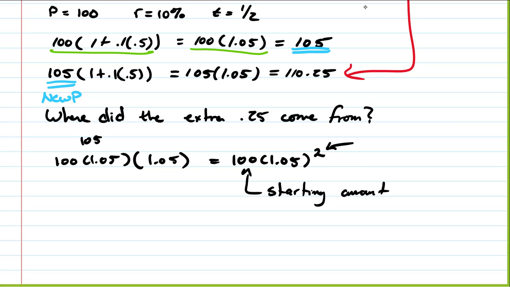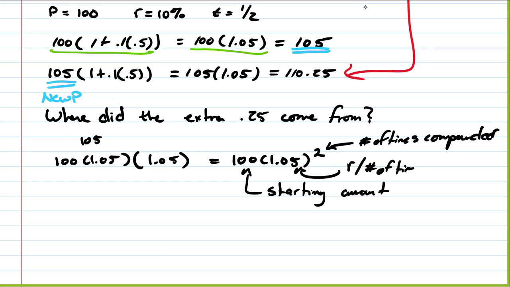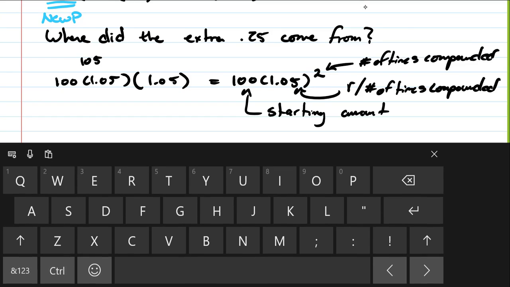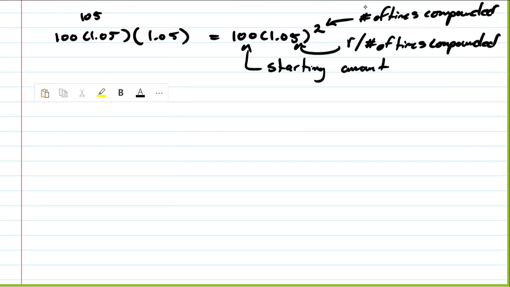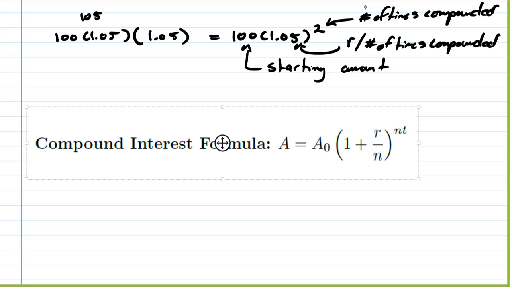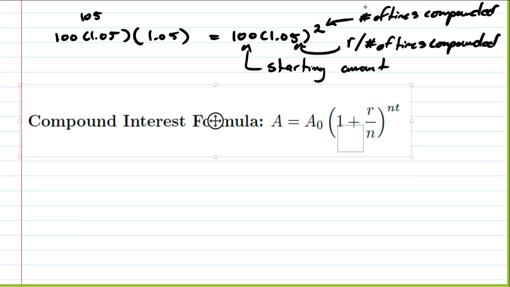This was our number of times compounded. And this was our interest rate divided by the number of times compounded. We would have to make some modifications, but if we kept doing this process and increasing the number of times things were compounded, our general formula starts to look something like this.